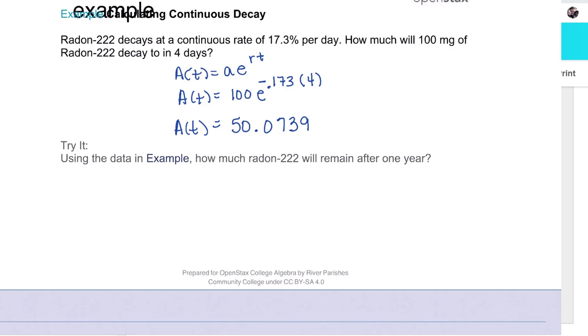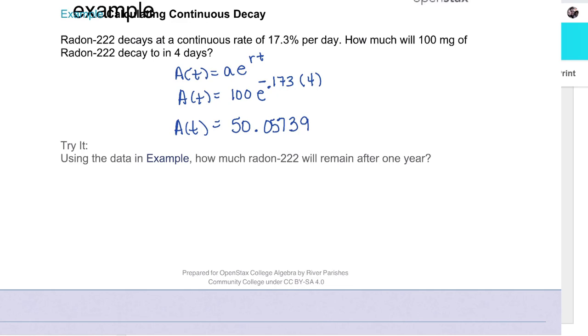It didn't tell us how much to round to, so it is decaying, and it's taking it down to 50.05739 when it's decaying by 17.3% per day.